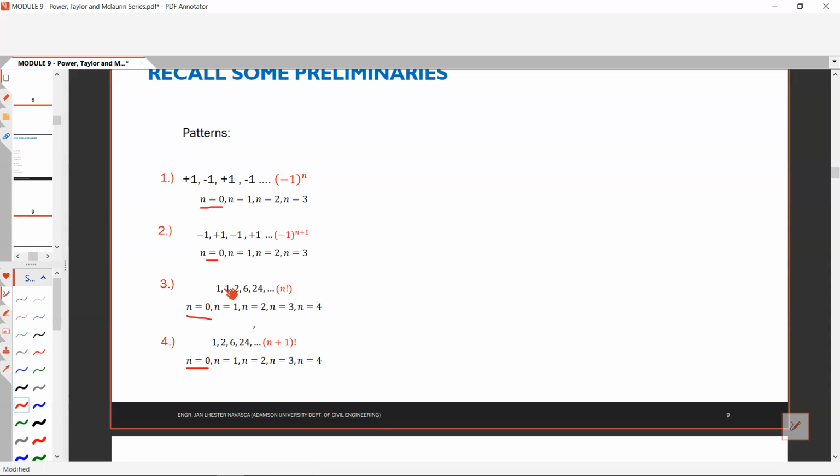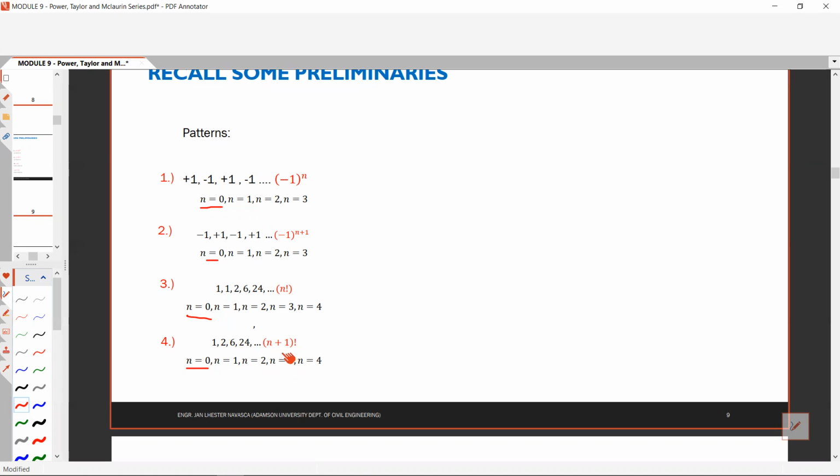Okay, if you see a pattern 1, 1, 2, 6, 24, so on and so forth, that is n factorial. Okay, so this is 4 factorial yung 24. So 4 times 3 is 12 times 2 is 24. Okay, so number 4 naman, if you see this pattern, 1, 2, 6, 24, nawala yung isang 1, kaya hindi naging 1 doon.